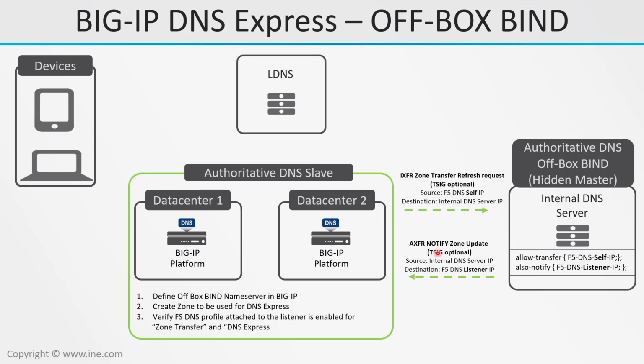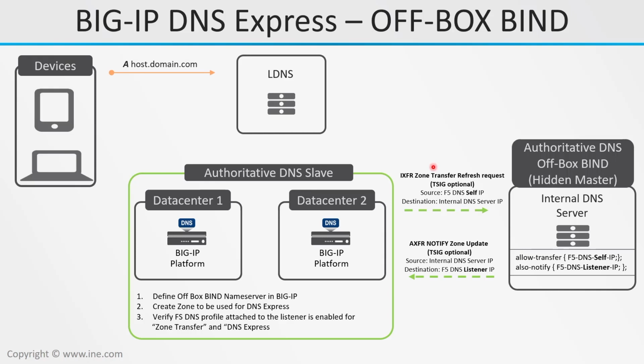It's called an AXFR notify update message to the F5 DNS listener IP address. Okay, so that's a continual process. Now there's a refresh interval that's used, so if you make a change on the internal DNS server, F5 will check based on a refresh interval or serial number of that zone data, to make sure that it's up to date.